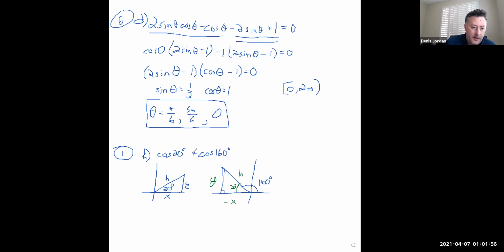So if you actually follow the formulas, cosine's adjacent over hypotenuse, so that would just be x over h plus a negative x over h, right? They're going to be the same exact values because it's the same exact triangle, right? So what's that going to equal? 0.